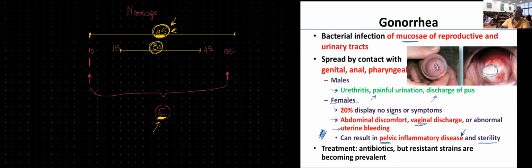So when we check for the reason for irregular menses, most likely it's going to be an infection in the reproductive tract rather than a hormonal disturbance.